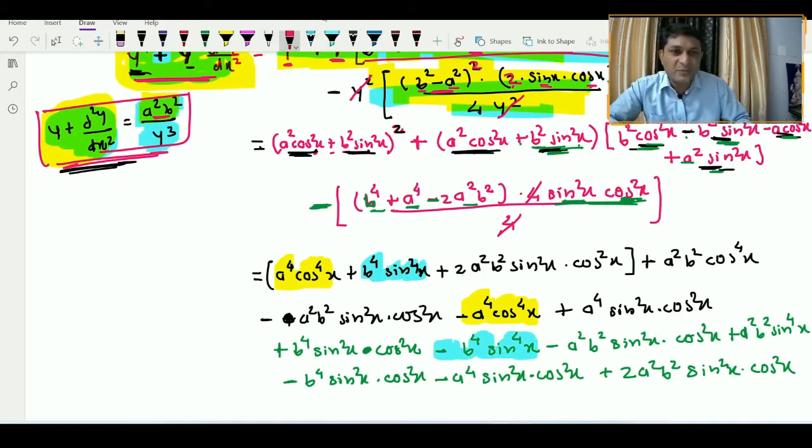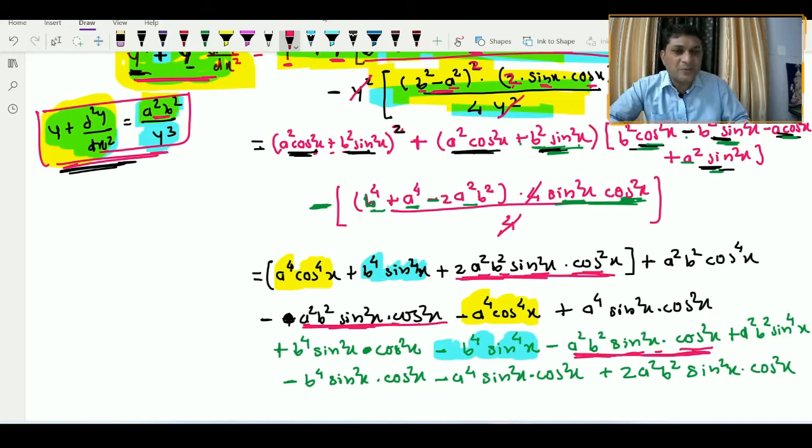Again here we can observe that it is twice a square b square sin square x into cos square x, and here minus a square b square sin square x into cos square x and minus a square b square sin square x into cos square x. Addition of this and this term is minus twice, and minus twice and this plus twice will get cancelled. So these terms will also get cancelled.